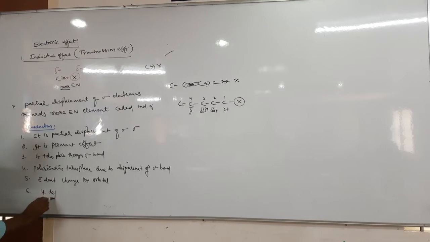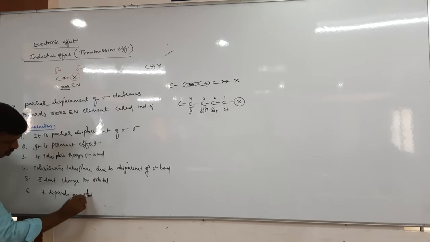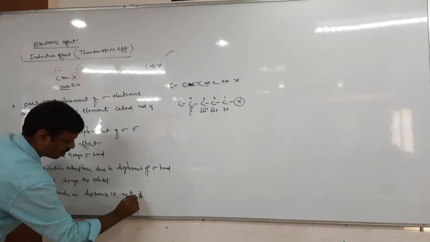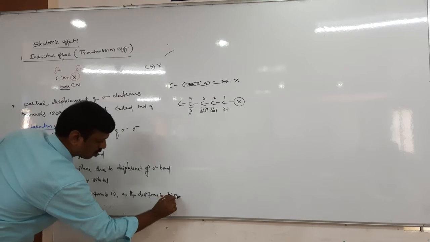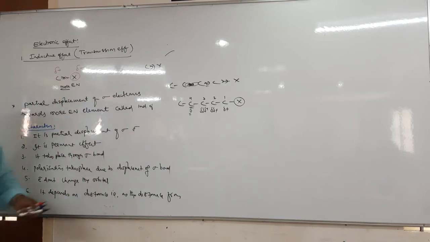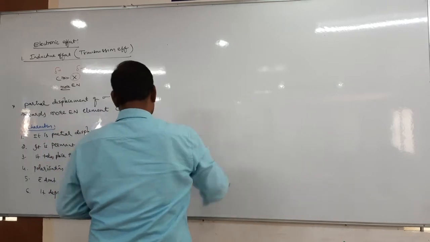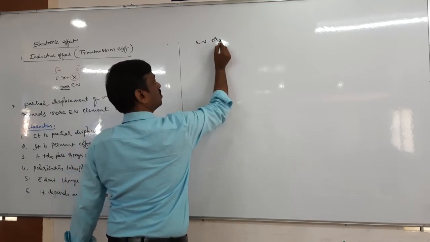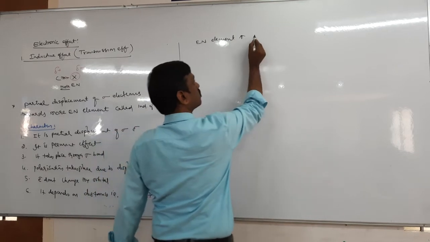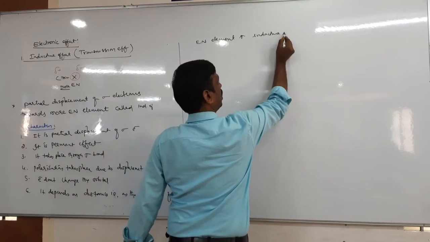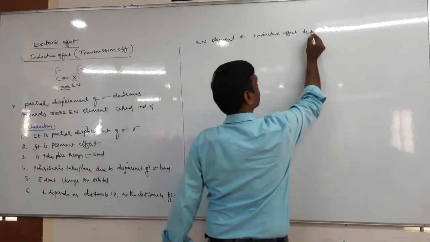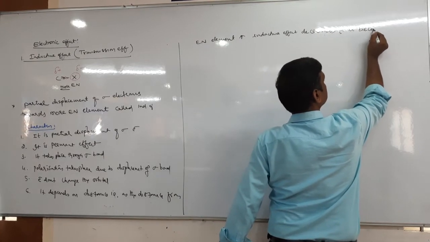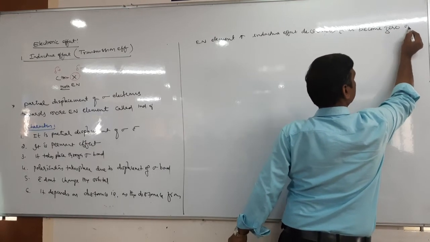So it depends on distance, that is, as the distance from the electronegative element increases, inductive effect decreases and it becomes zero on which carbon? Fourth carbon.